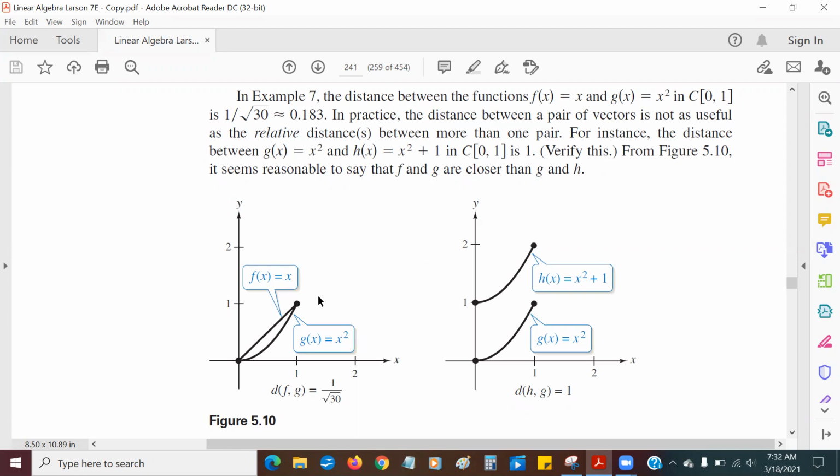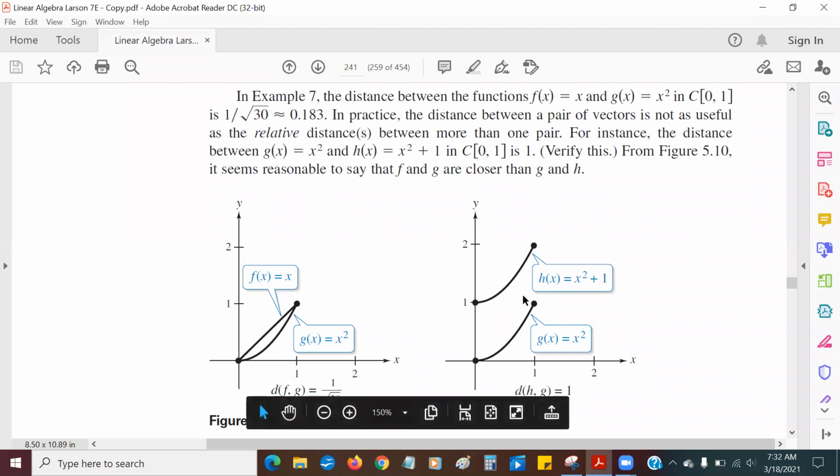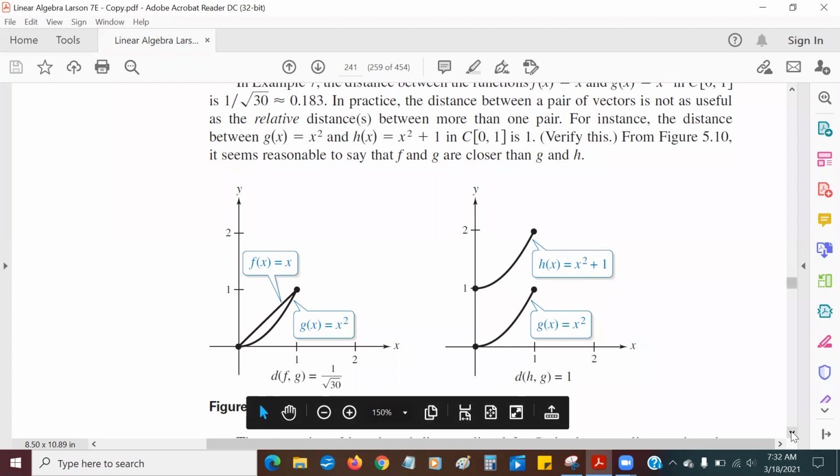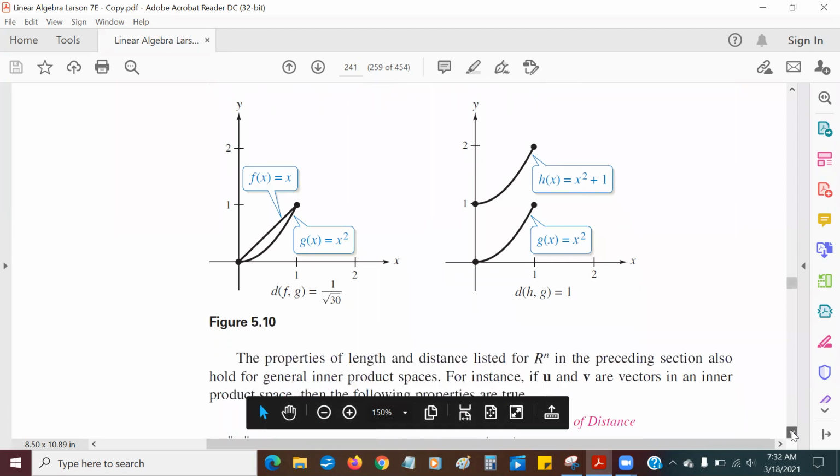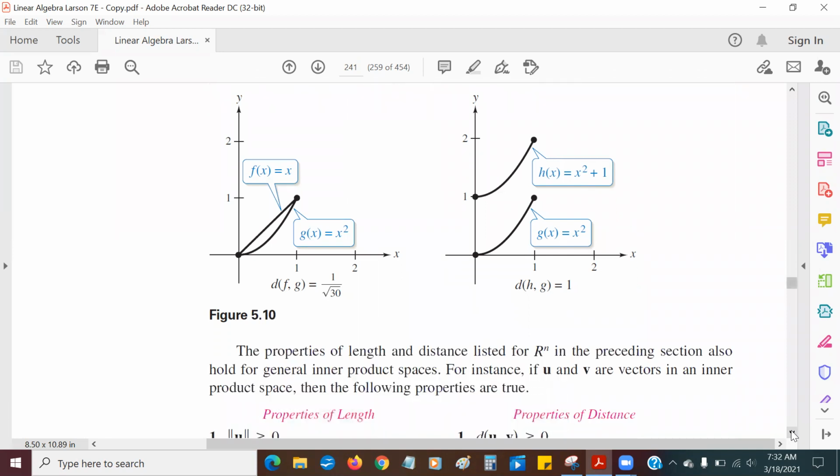That means the distance between f and g is 1 over rad 30, whatever that means, and the distance between g and h is 1. Now notice that 1 is bigger than 1 over rad 30. By the graph, these two functions do look further apart. Exactly what these numbers mean may or may not always have a simple meaning.